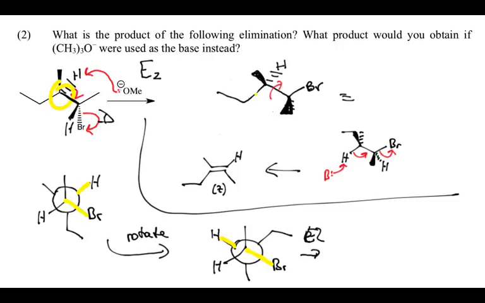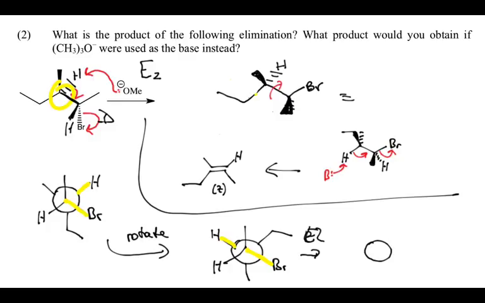So we eliminate. I'll just say E2. Now the E2 reaction happens. And so what ends up on the same side, look, is this methyl and ethyl, and the methyl and the hydrogen here. They are on the same side. So they end up on the same side in the olefin product. So you can draw a Newman projection of the olefin, which looks like this.